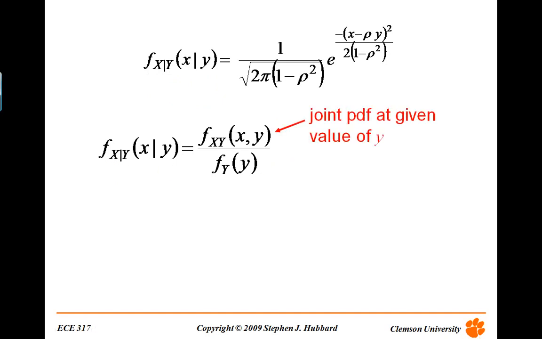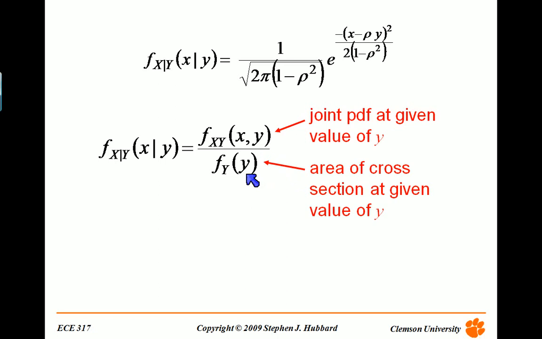It's the ratio of the joint PDF of x and y at a particular value of y in this case, divided by the marginal PDF of y at the specific value of y, which, as you remember from the previous section, is actually the area of the cross section through that joint PDF at that given value of y.